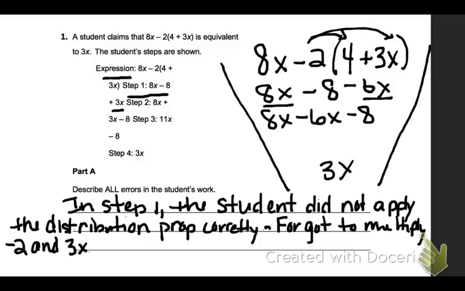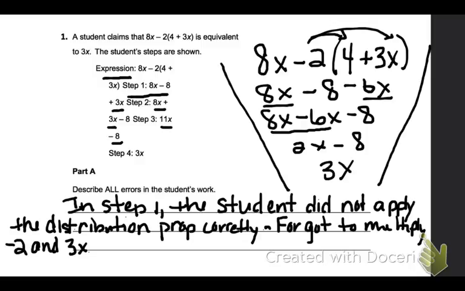And then the student combined 8x plus 3x and got 11x. So even though his step 1 was wrong, moving on, he's doing a good job. Let's try us. 8x minus 6x is 2x. Bring down our minus 8.